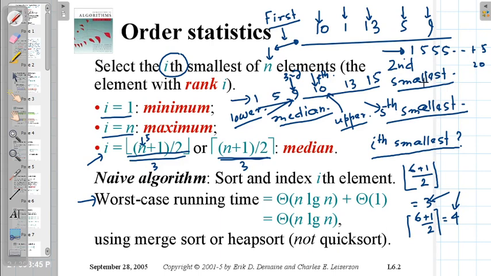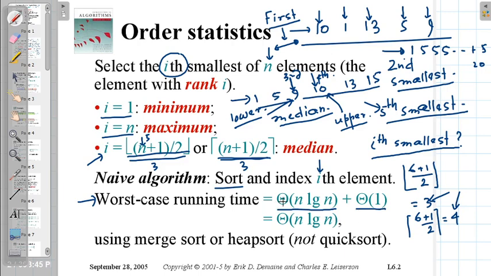Now we have to sort this and find the ith smallest element, and return that index position. In that case, what will be the time complexity of our algorithm? The sorting will take theta n log n time, and then returning that index position will take theta 1 time.